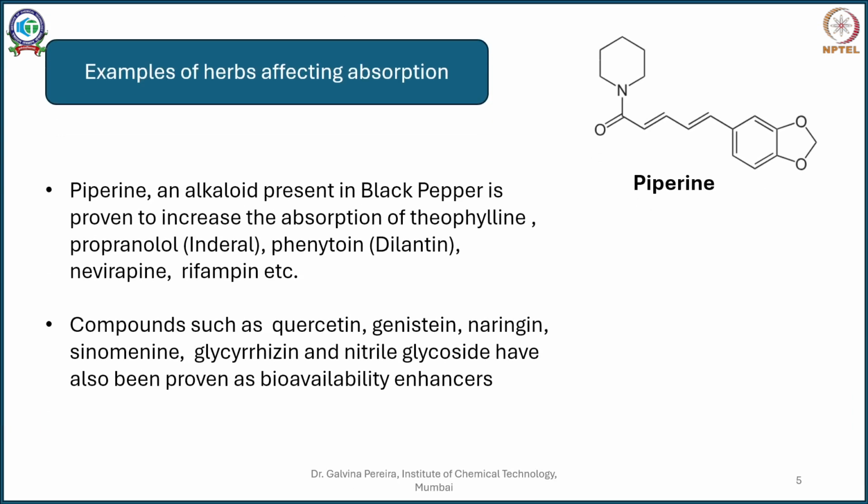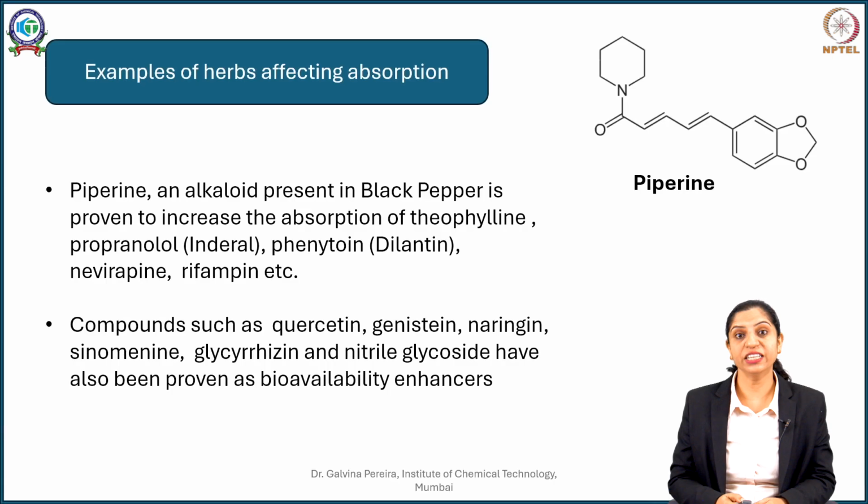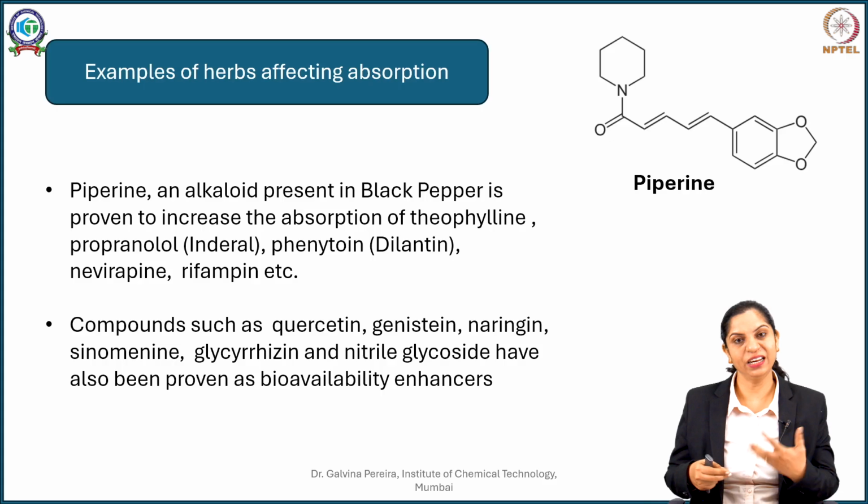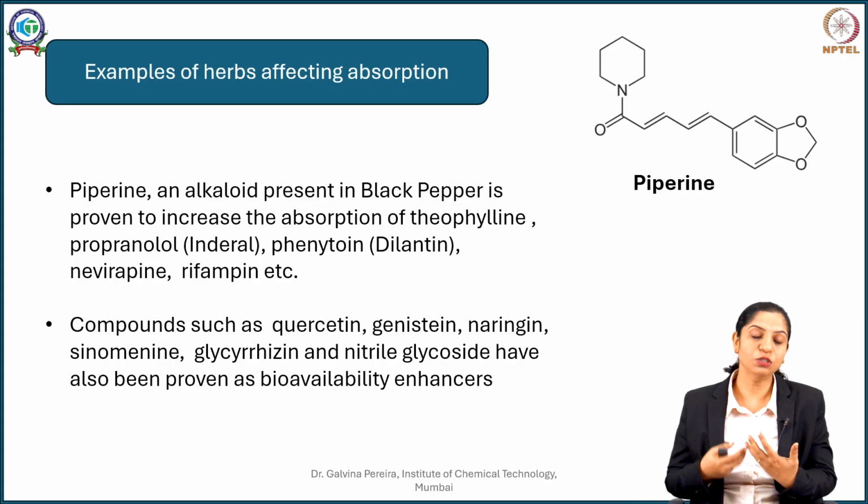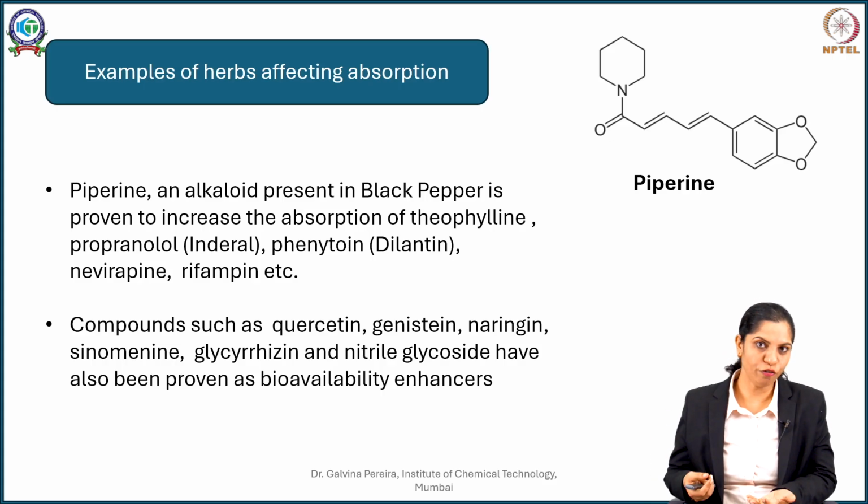Now the first example is what we discussed in the previous session, and that is black pepper. Black pepper contains this beautiful alkaloidal compound called piperine, and this piperine is known to perturb the membrane, and as a result of the disturbed membrane there is more absorption of drugs.